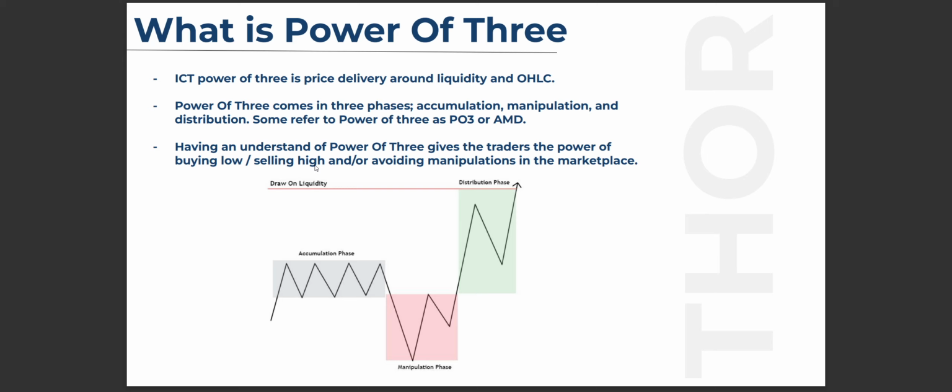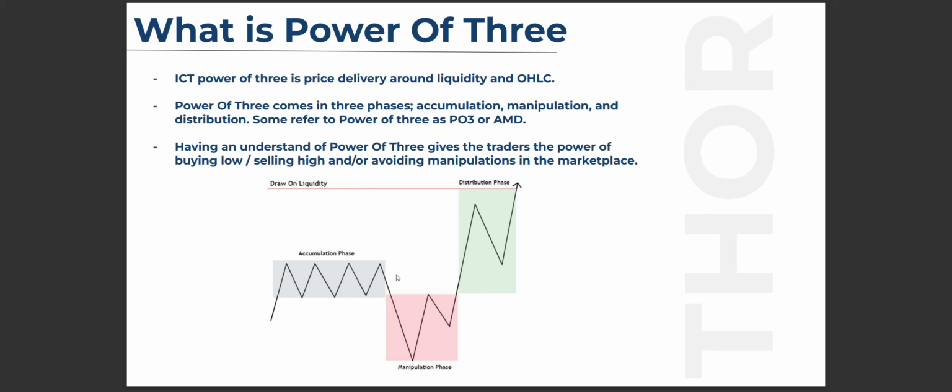Having an understanding of power of three gives the trader the power of buying low and selling high, and avoiding manipulations in the marketplace. And that's the most important part, in my opinion, avoiding manipulations. If you can anticipate a power of three, whether it's an intraday trade or swing trade or whatever the case is, you as a trader have to have an understanding of manipulations so you could avoid it.